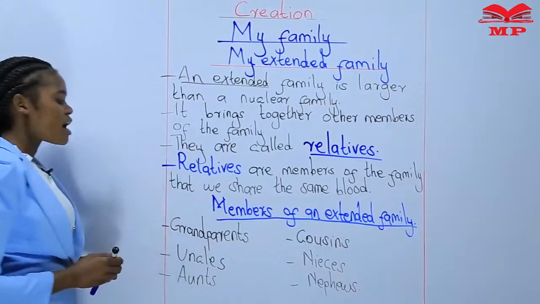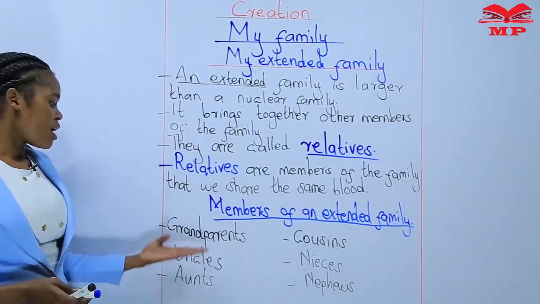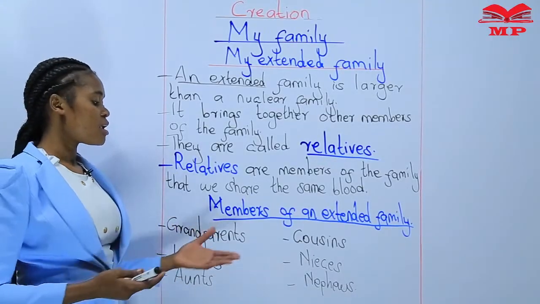So members of an extended family include grandparents, then we have uncles, aunts, cousins, nieces and nephews.